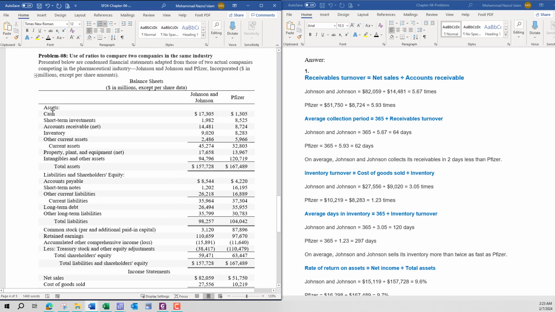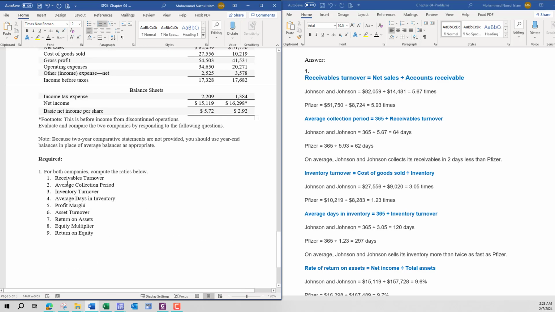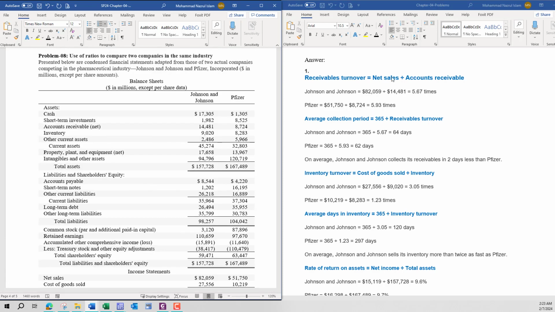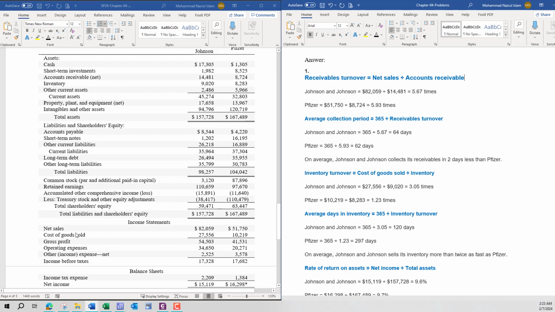The first thing is the receivable turnover ratio. What is the receivable turnover? It is net sales divided by accounts receivable. Let's go to Johnson & Johnson. Net sales for Johnson is 82,059, divided by accounts receivable.